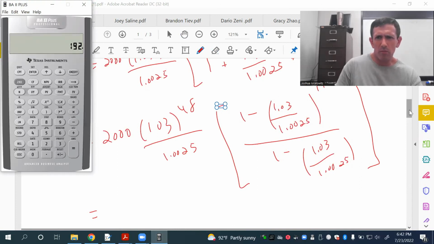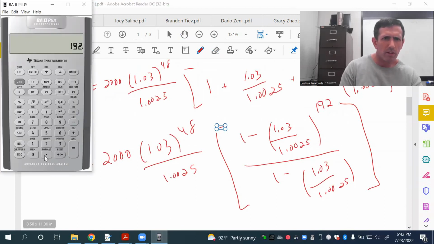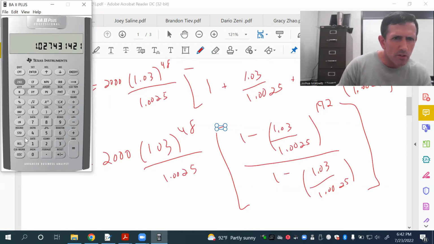Probably the easiest thing to do is to save 1.03 over 1.0025. So let's store it in one spot. We take this to the 192. Make sure that's right. Probably is, but do it again.